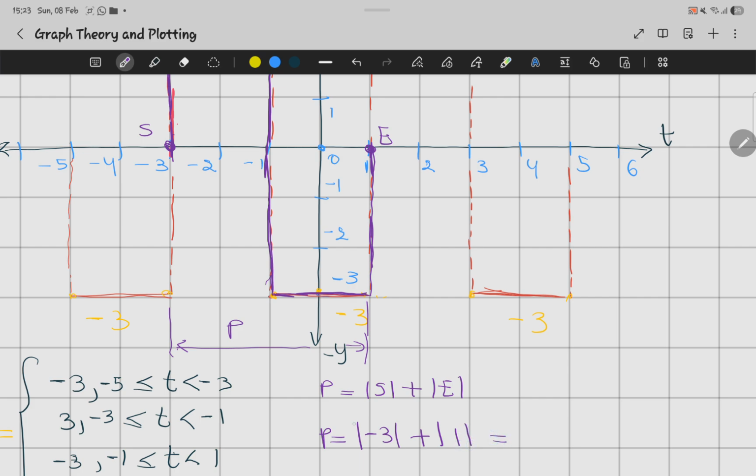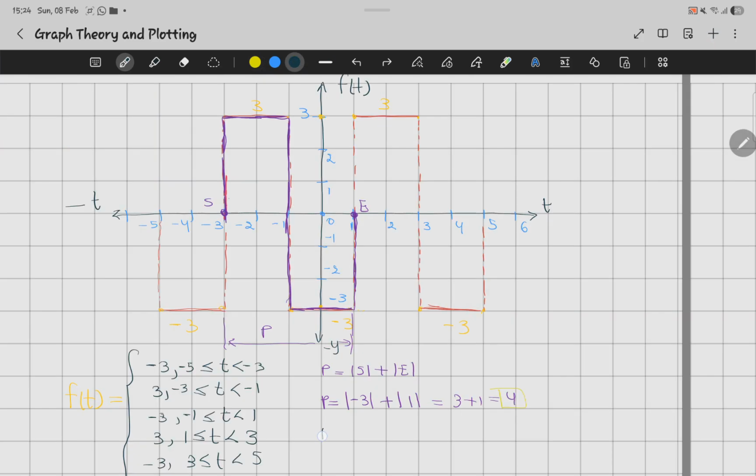Since we take the absolute value, it's going to be 3 plus 1, and the answer is 4. This is our period. Even if we add a negative here, we still get a positive. So this is the formula.